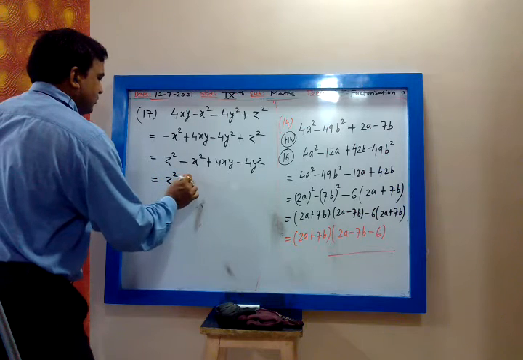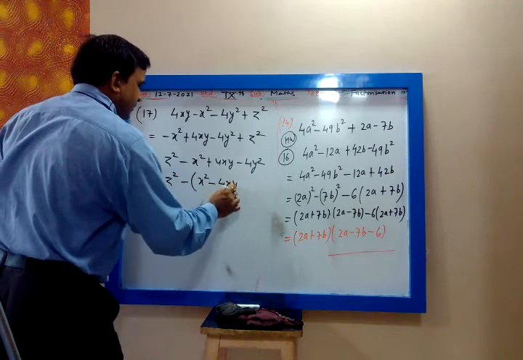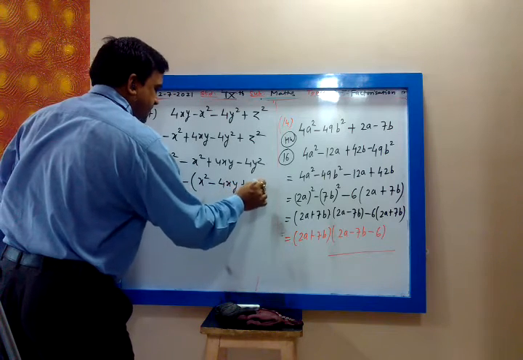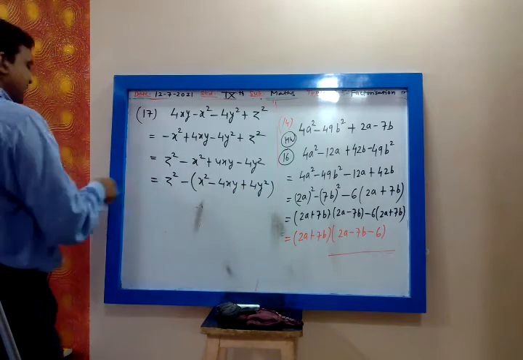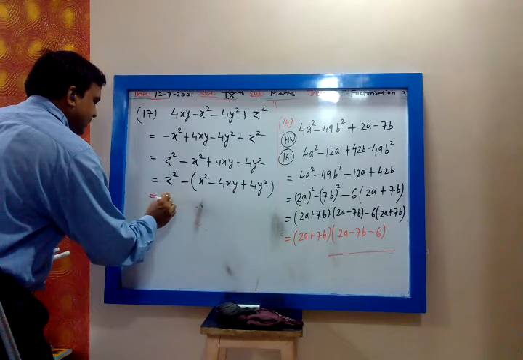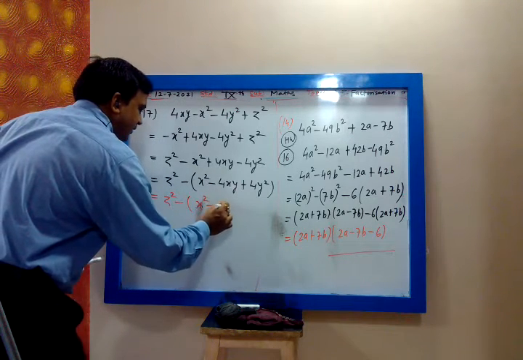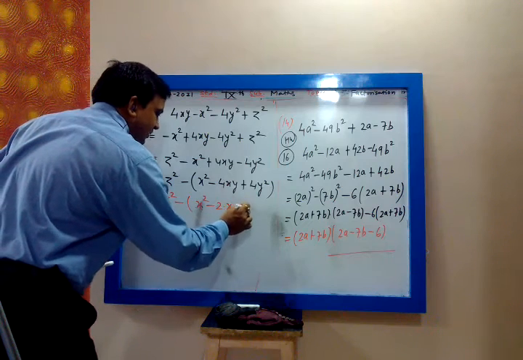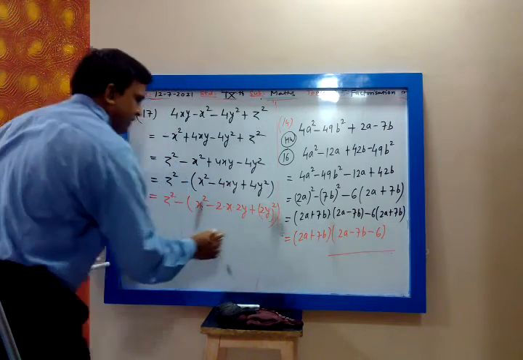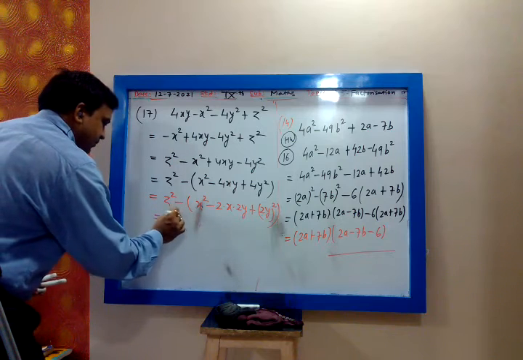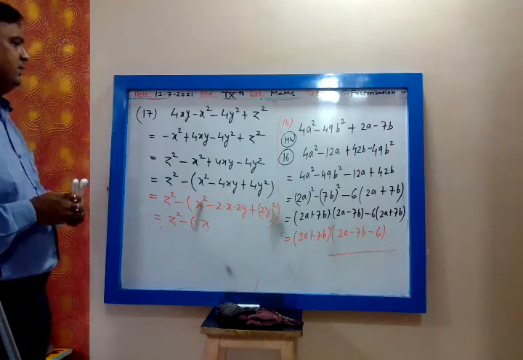Now I will take minus common, then it is x square minus 4xy plus 4y square. I am just rewriting this. First I am writing z square, so that is z square minus x square minus 4xy plus 4y square.